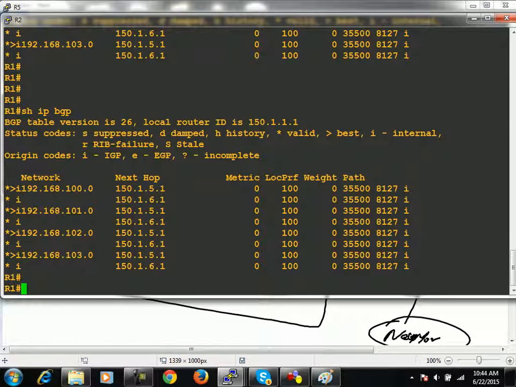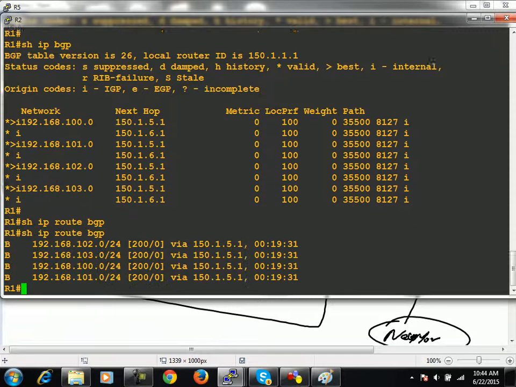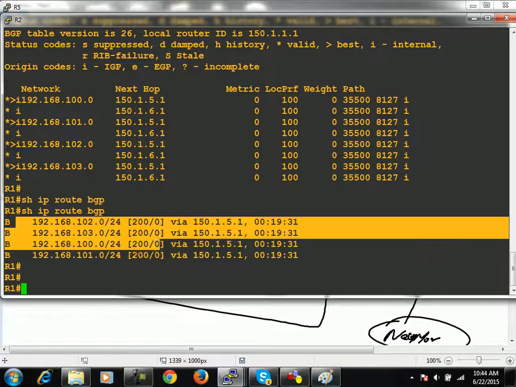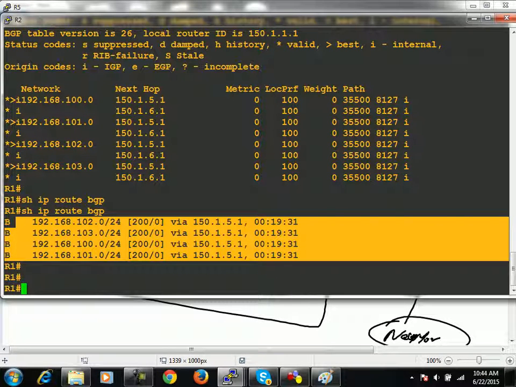Check it out. And from R1, which path is the best path? Via R5. As you can also see in show ip route bgp, for all those prefixes learned here via BGP, the best path is via R5, not via R6.